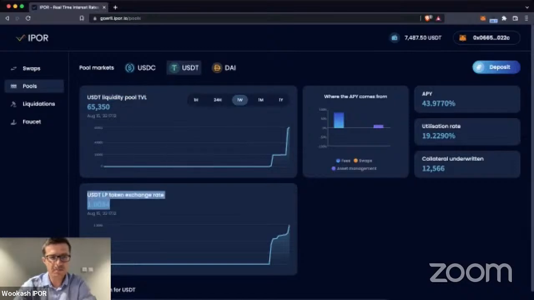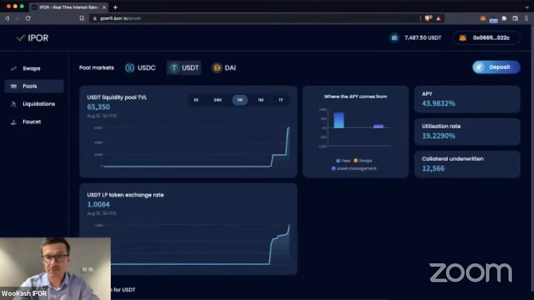This chart here shows the exchange rate between the underlying token, in this case USDT, and the IP token, so the liquidity token. It's a proxy for P&L over time. So you see how P&L was growing over time with that exchange rate of the token.